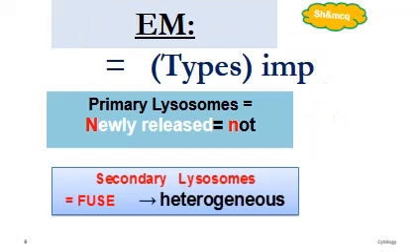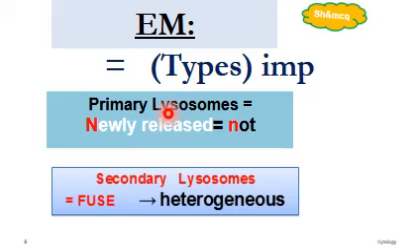By EM, we can see different types and shapes of lysosomes. It may be a primary lysosome, or if it engulfs certain substances inside the cell, it is known as a secondary lysosome.